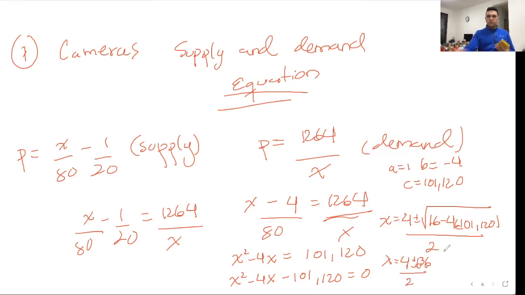So I can divide by 2 and I get x equals 2 plus or minus 318. Oh, yeah, this is right. So we got two answers for this. 2 plus 318 is 320.